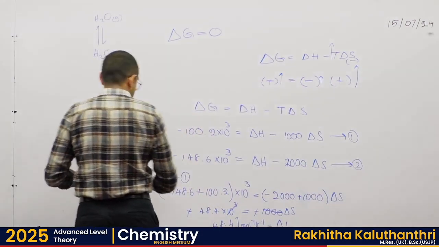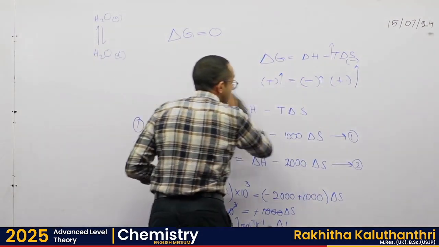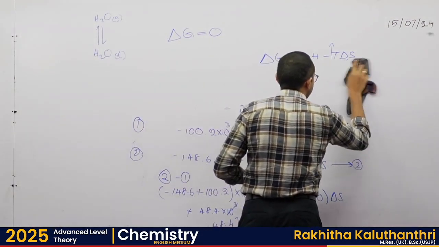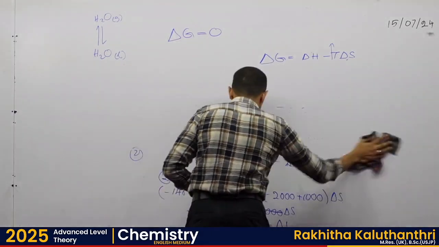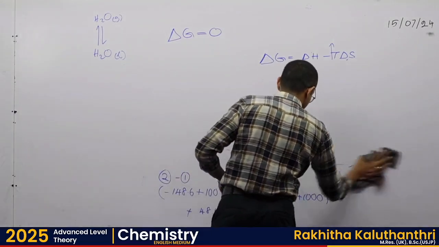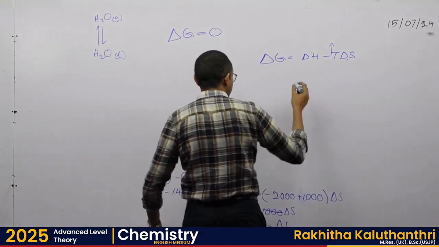So when we do the calculation based on that, if I write the values, just 2 minutes, sorry about this, we have to do this calculation and finish it off.